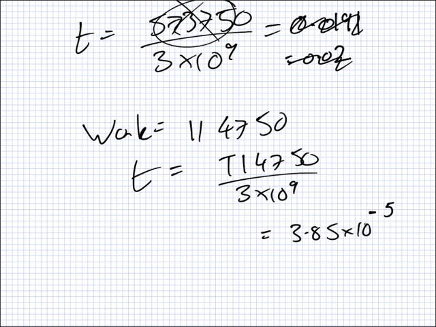Well, 10 to the minus 3 is milli. 10 to the minus 6 is micro. So this is 0.385 times... Oh, sorry. This is 38.5 microseconds. It's 38.25. Oh, okay.